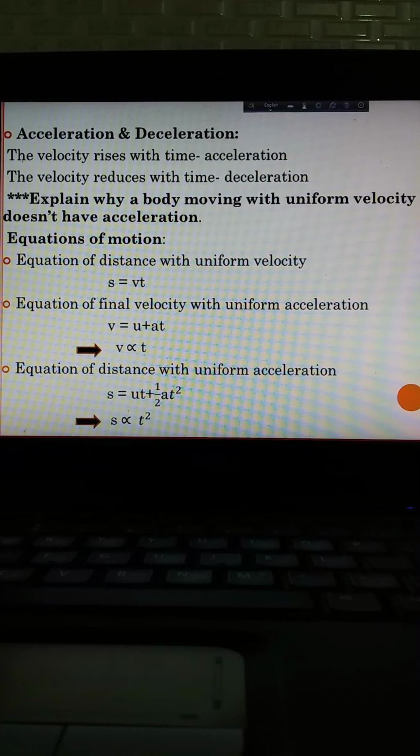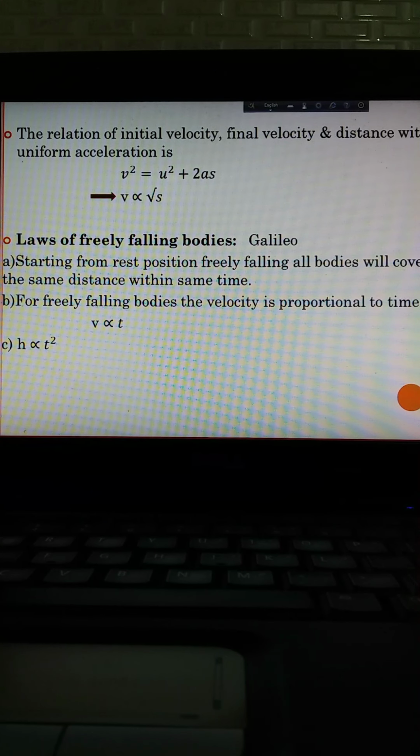What is uniform velocity? Equations of motion. You have to focus on this term very carefully, very attentively, because equations of motion is a very important topic for creative type questions. And last we have discussed laws of freely falling bodies.